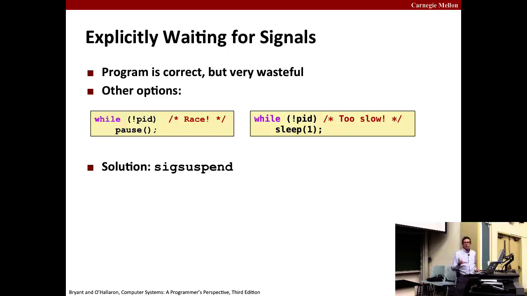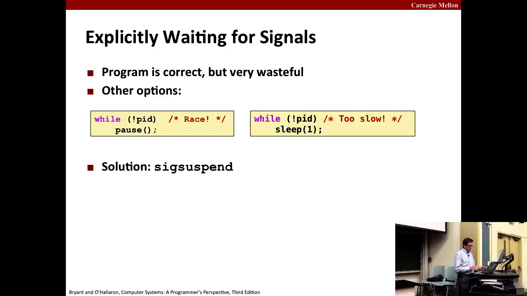And there are forms of sleep where, instead of units of seconds, you can wait in units of nanoseconds. But what value do you use, right? If you choose a value that's too large, then you have this slowness problem. If you choose a sleep time that's too small, then you have the other problem, that it's inefficient.